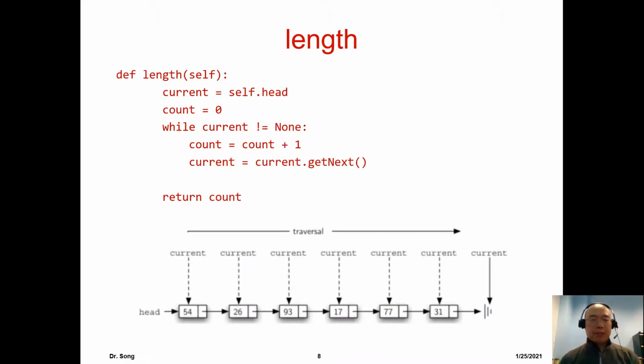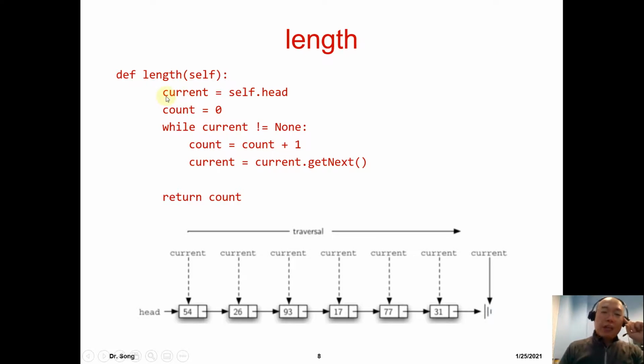Then, if we want to do another one, how do we get the length? For the length, the trick is we have to go through all the nodes in the linked list one by one in order to do a count. We start from the very beginning, and we start the counter at 0.